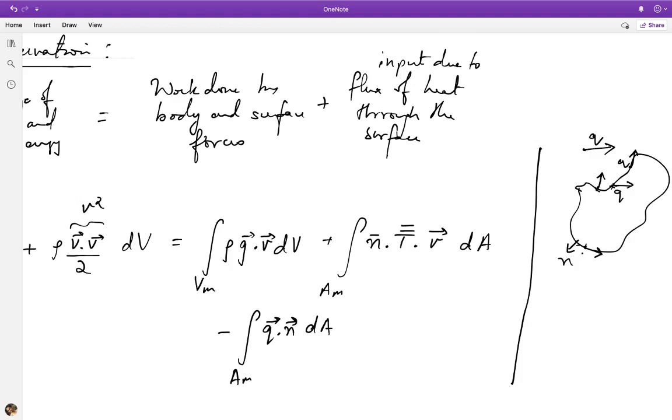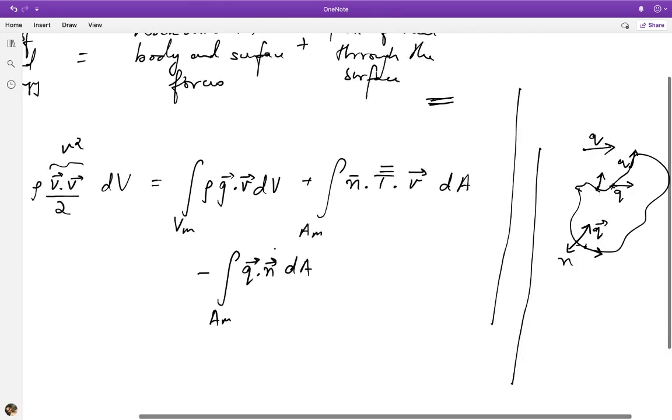Whereas if q dot n is negative, it means that q is directed into the body, and the added negative sign here would lead to a positive contribution to the total energy. So this is strictly the flux of heat, thermal energy, and mechanical energy cannot be transported in this way. That can only be done due to the work done by the forces as we have written here.